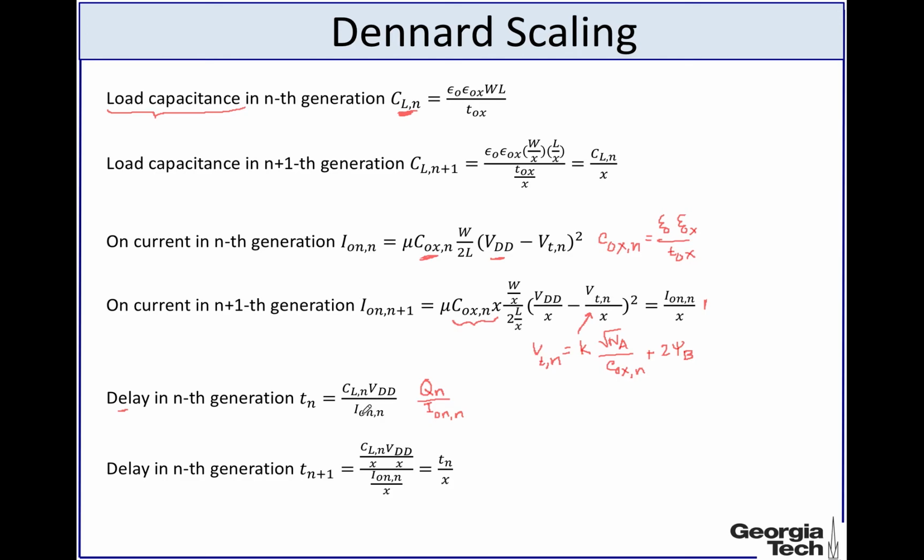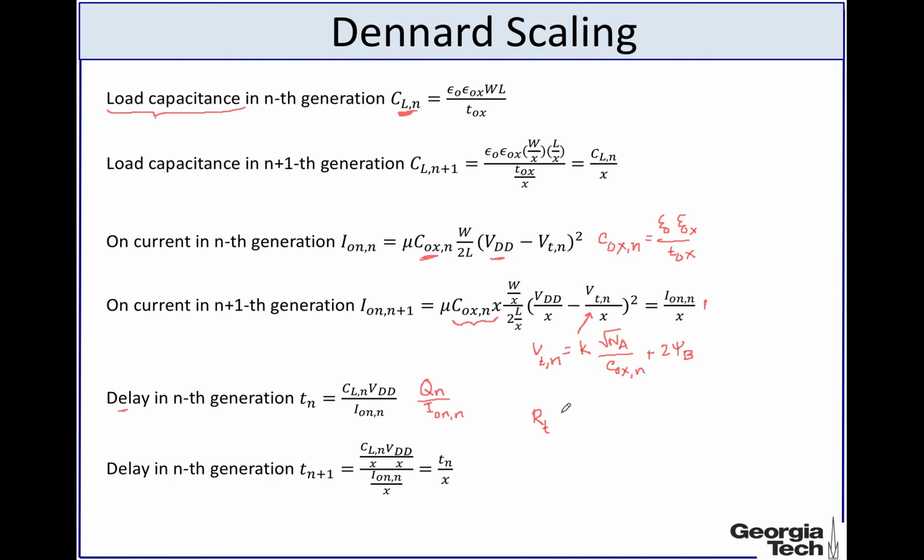All right. So now if you go to the n plus 1 generation, based on all the analysis that you have done previously for CL and Ion, you will see that the delay gets reduced by a factor of x.